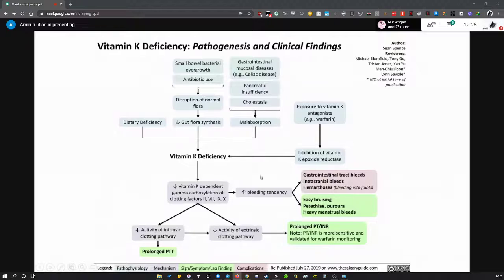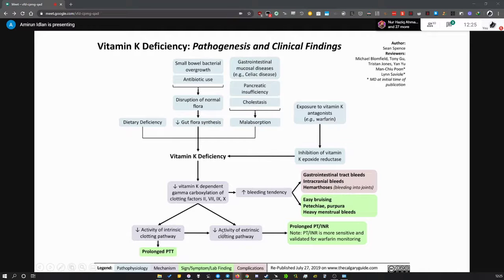So from this vitamin K deficiency bleeding, there will be a decrease in the clotting factors that I said before, 2, 7, 9, and 10. Because of these defects, there will be a decrease in the intrinsic clotting pathway and also the extrinsic clotting pathway.